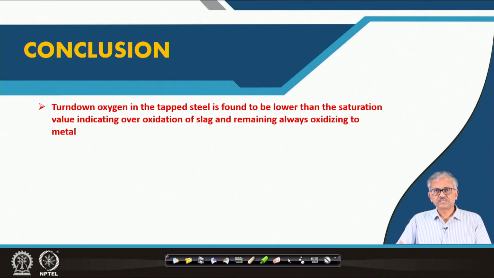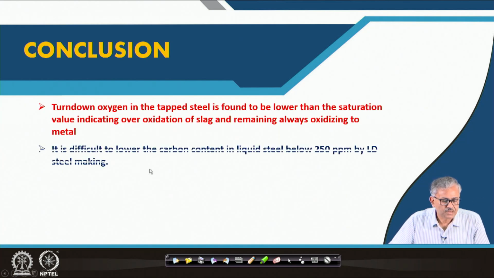So it is less than the saturation value, and it indicates basically over-oxidation of the slag. The slag is over-oxidized because the oxygen from the interface is not able to penetrate into the bath as fast as it is produced at the interface. As a result, the accumulated oxygen oxidizes FeO to Fe2O3, and the slag gets over-oxidized. As a result, the slag always remains oxidizing to the metal.